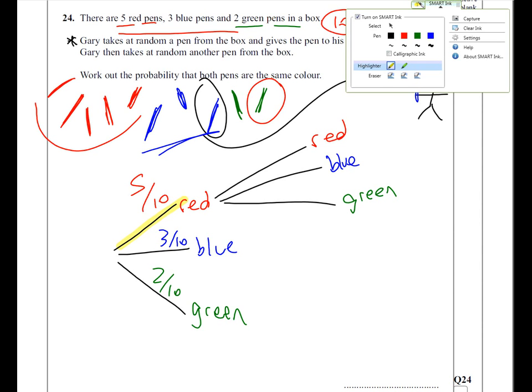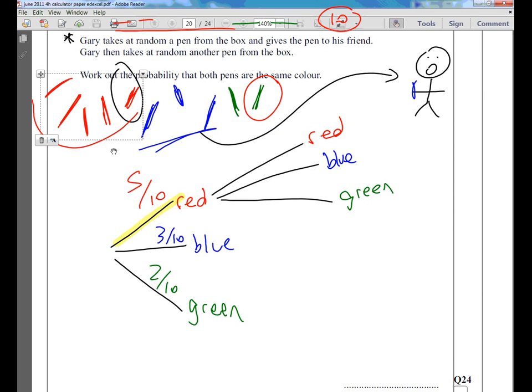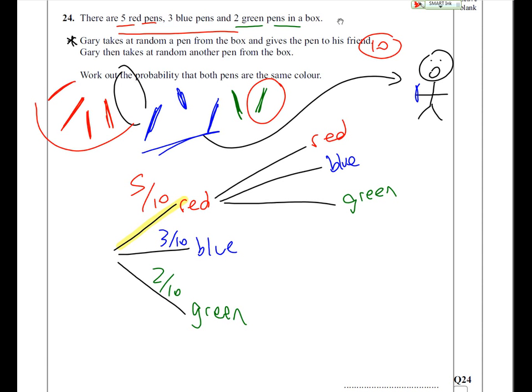So he's chosen a red pen. Let's see if we can drag a red pen and group it. Oh dear. Let's try again. Geez, I'm only trying to give a pen to a friend. How difficult can it be?